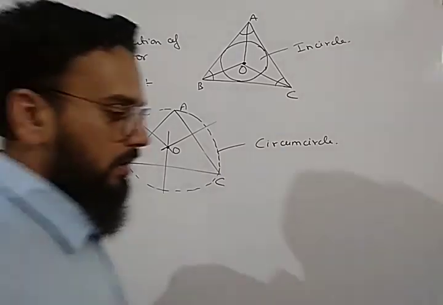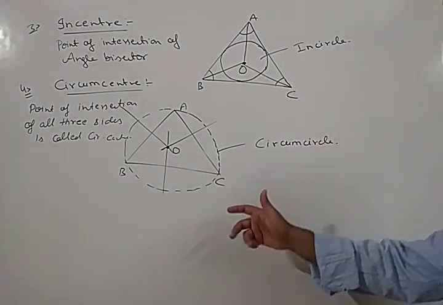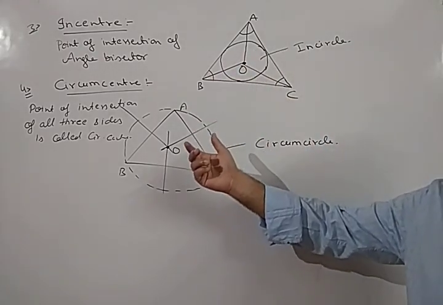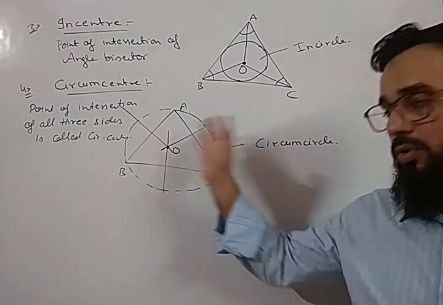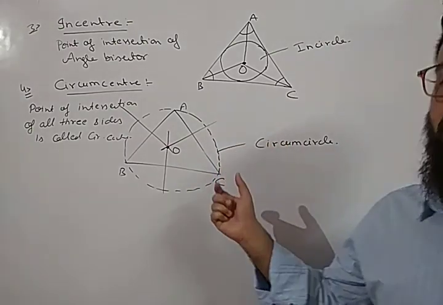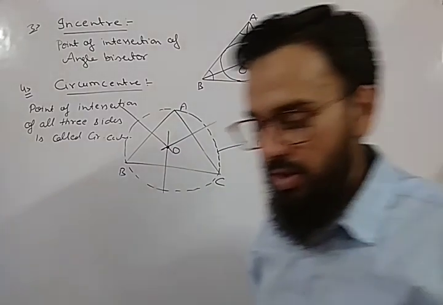So these are the basic terms which will be generally used in the chapter triangle, and in congruency also, in circle also, in quadrilateral also. All these terms will be used. So we have to know all these terms. You should remember them. You have to learn the definitions of all these terms so that you can solve the questions easily.